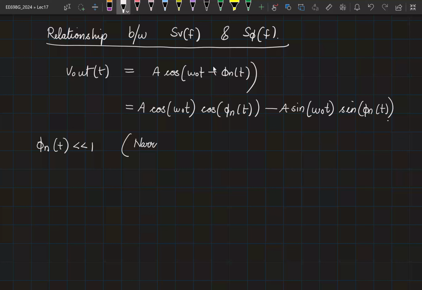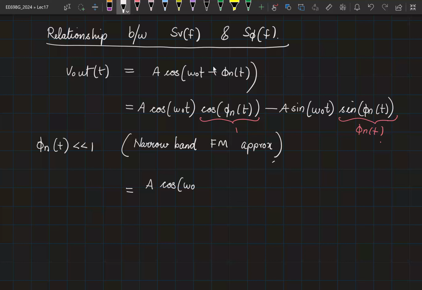So this is called the narrowband FM approximation. The moment I make this approximation, what does this reduce down to? Cos phi n of t becomes 1, and sine phi n of t becomes phi n of t. So this is equal to A cos of omega naught t minus A phi n of t into sine of omega naught t.